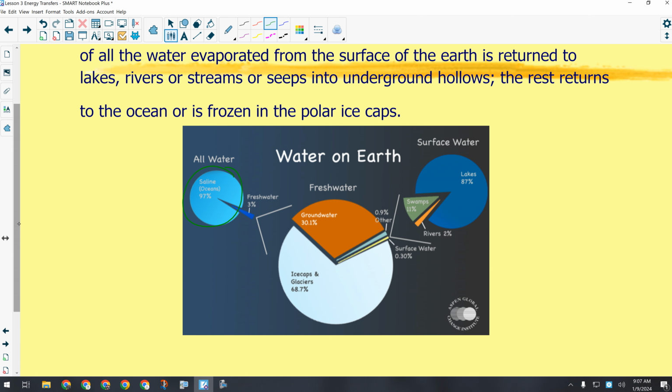If we're looking at that 3%, more than 2/3 of it is frozen, in ice caps and glaciers and things like that. About 1/3 of it, or just a little less than 1/3 of it, is groundwater, and this other tiny little amount is the surface fresh water: lakes, swamps, rivers.